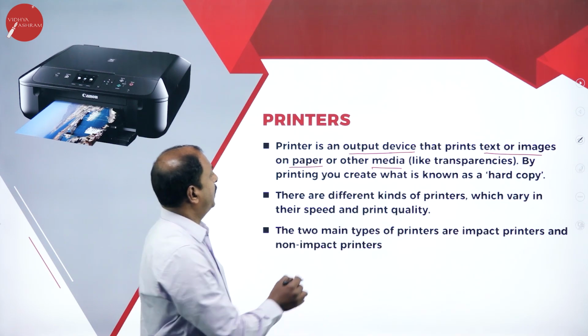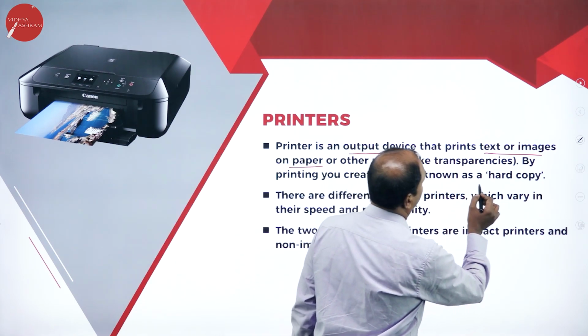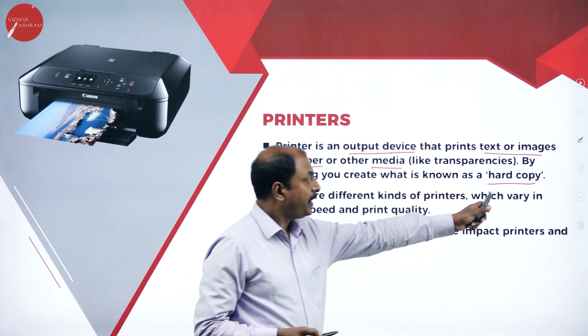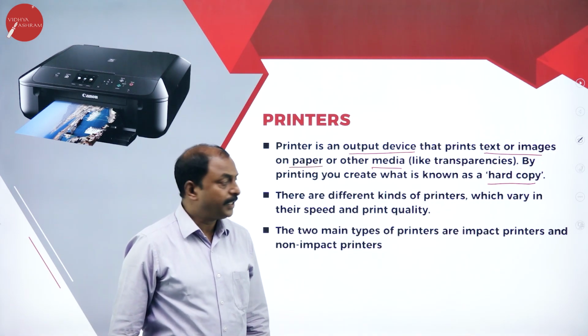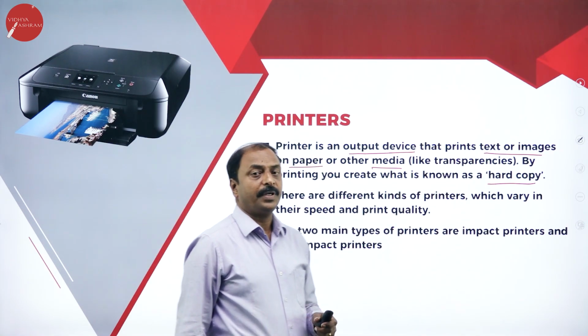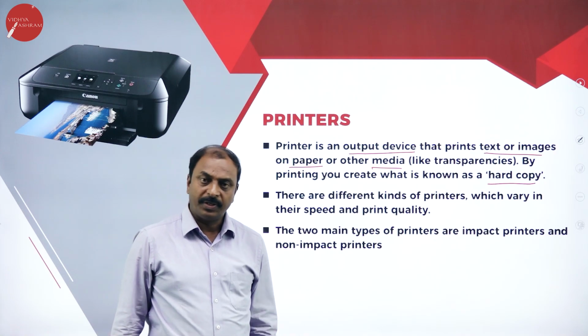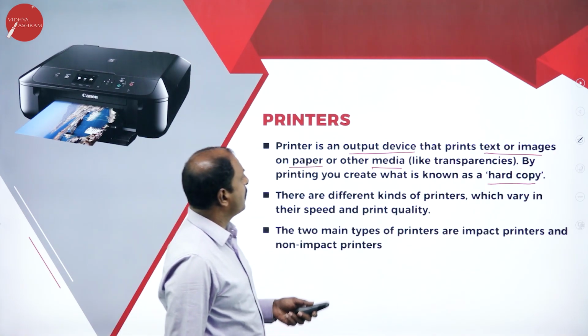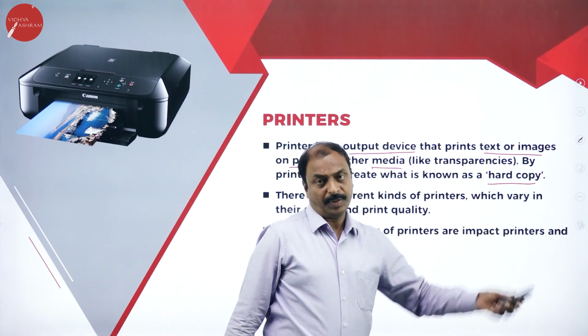By printing, you create what is known as a hard copy. So what is a hard copy? The information printed on paper or any other media is called a hard copy. So a printer is an output device that prints text or images, and it is called a hard copy.